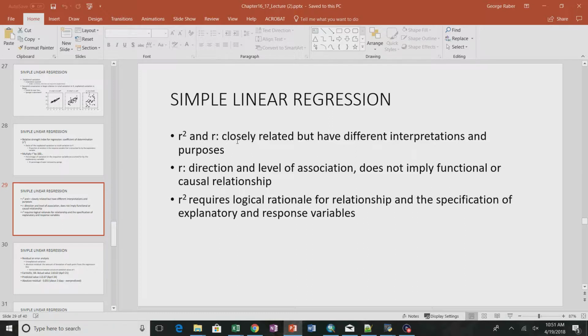R is the level of association, and it doesn't imply a functional or causal relationship. It's just how one value is related to the other. R squared requires a logical rationale, specified by the specification of explanatory and response variables, and it measures the strength of the power of the model that was created.